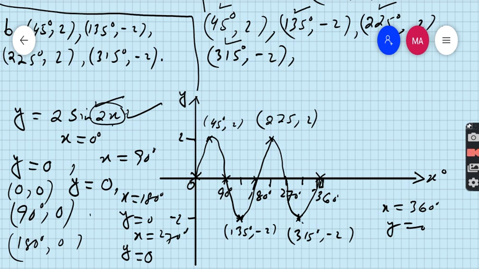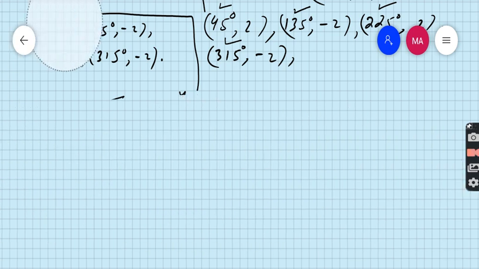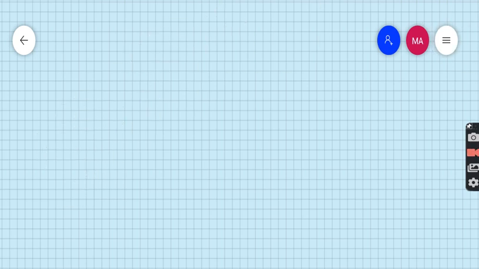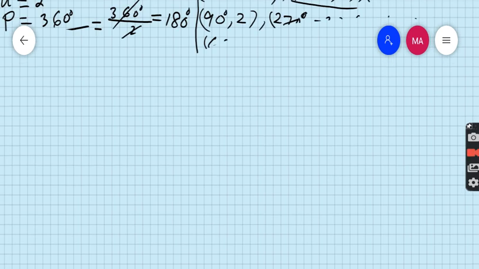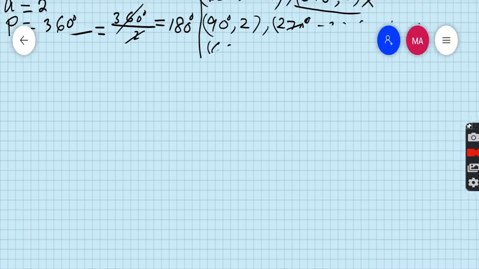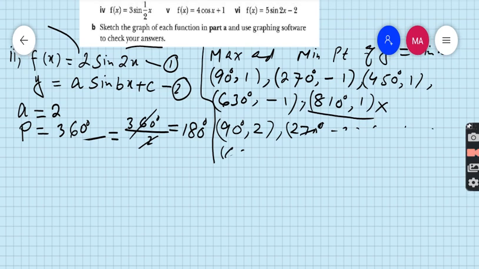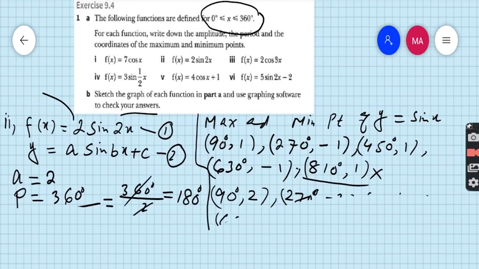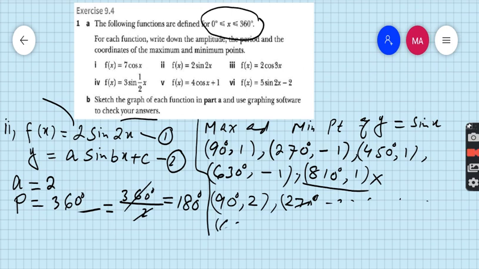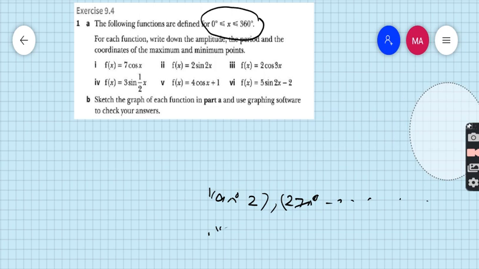Let's start the next part, part number 3.